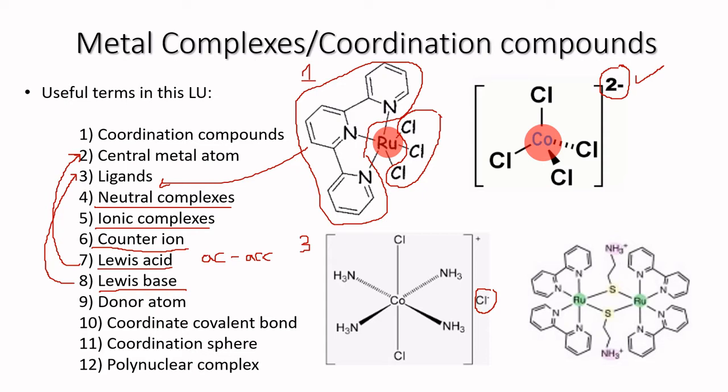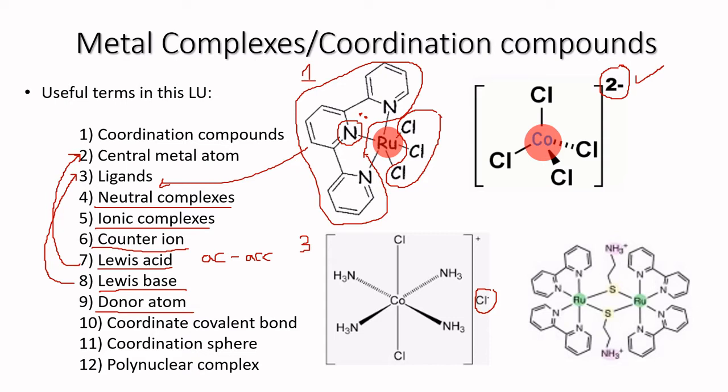Okay, now we have term number 9, which is donor atom. If you look at your ligand here, this ligand has one donor atom, which is the nitrogen. So nitrogen has a lone pair of electrons and it donates both electrons to the ruthenium to form a complex compound.